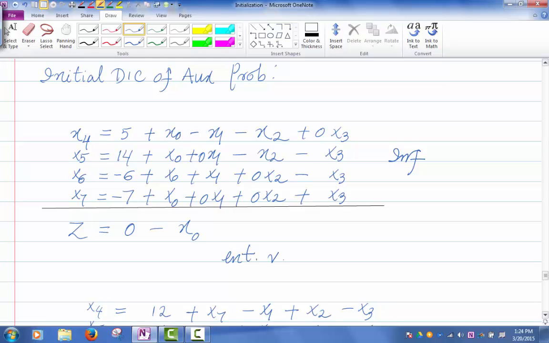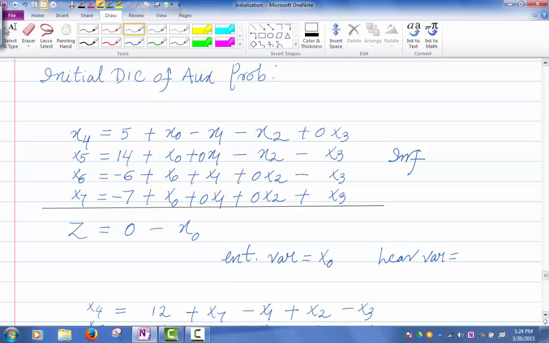What's the entering variable and what's the leaving variable? Yeah, x0. Remember, for the auxiliary problem, always the first pivoting operation, x0 is forced to be the entering variable.